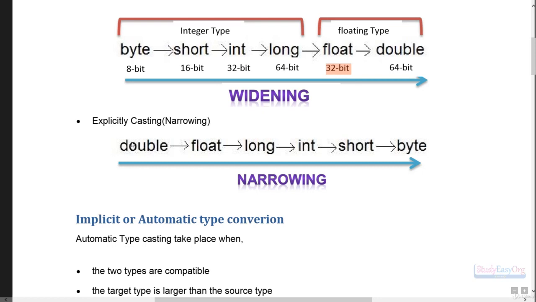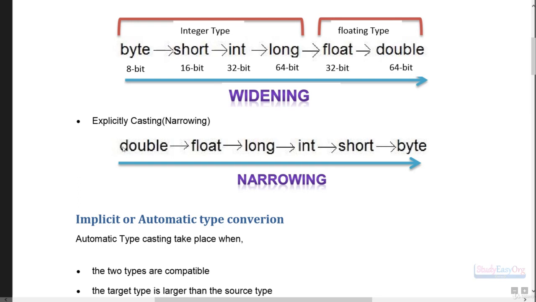But the opposite is not possible. For example, if we try to store a 64-bit information in a float variable, definitely float doesn't have that much of space to store such a huge variable, right? So implicit typecasting won't be allowed. In those cases, we can do explicit typecasting.